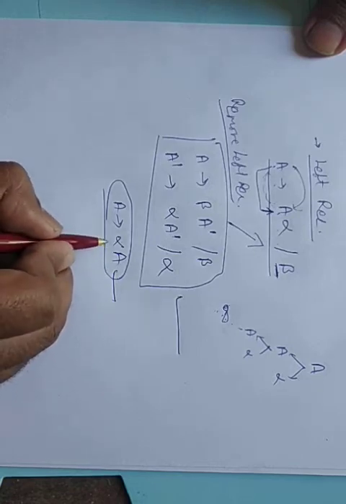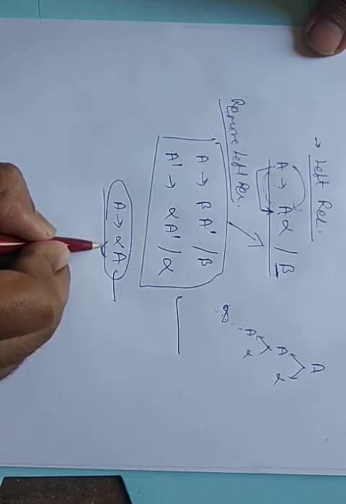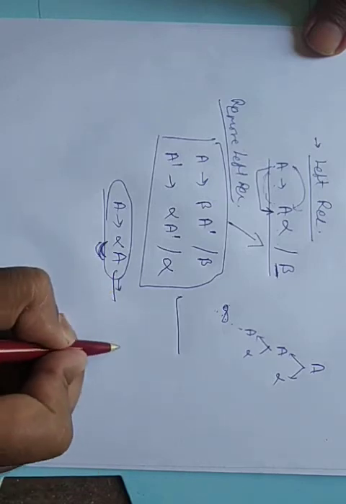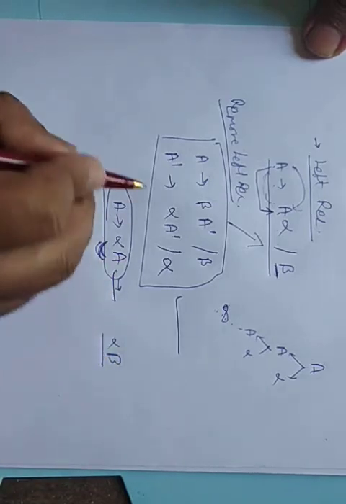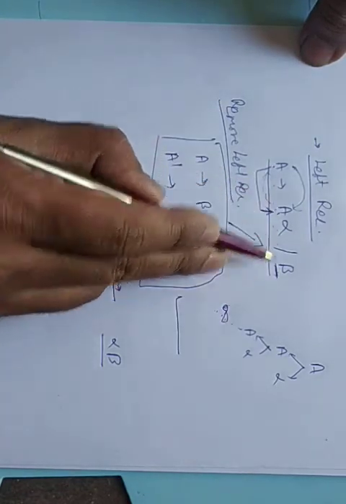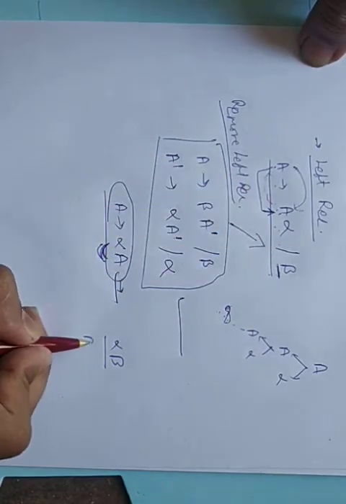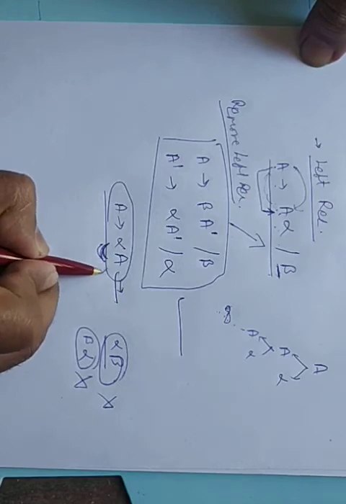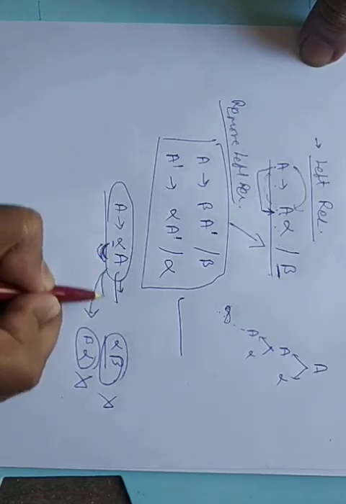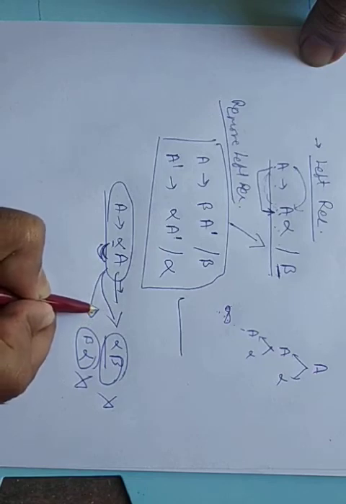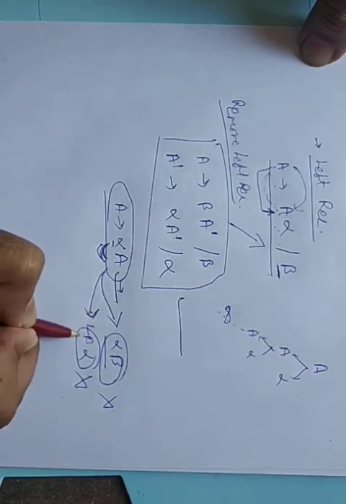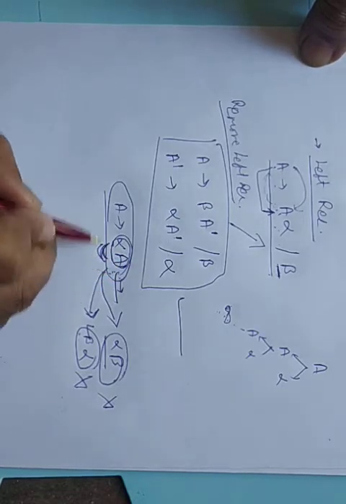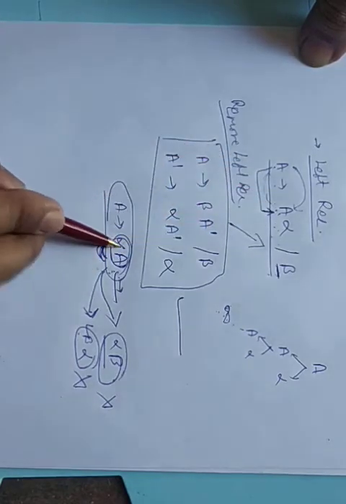If you want to remove left recursion by simply swapping, it will give you alpha beta. But if you have A produces A alpha slash beta, you will get beta alpha. So you have done alpha A, but what you want as a result is this one, which is not possible by this alpha A dash. Hence, you cannot straight away swap to remove the left recursion.